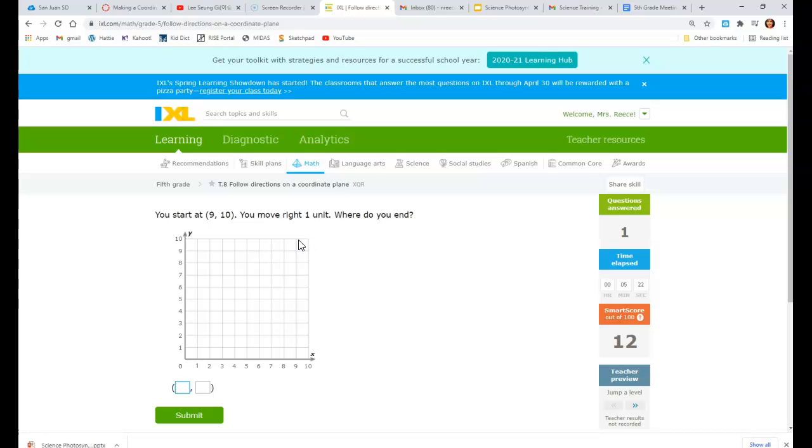I've gone from the 9 to the 10, but I'm still on the same 10 for the y-axis. So now I'm looking down to the 10 and across to the 10. So my new coordinates, my new ordered pair is 10 and 10.